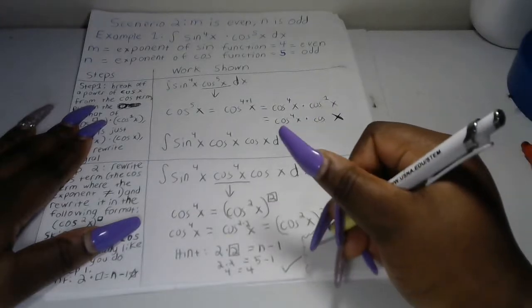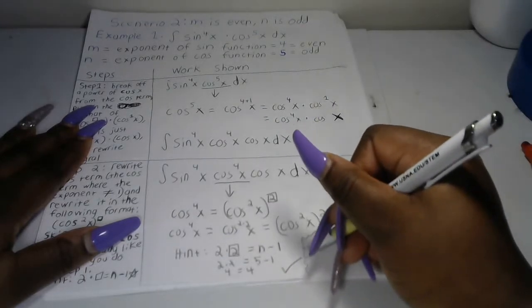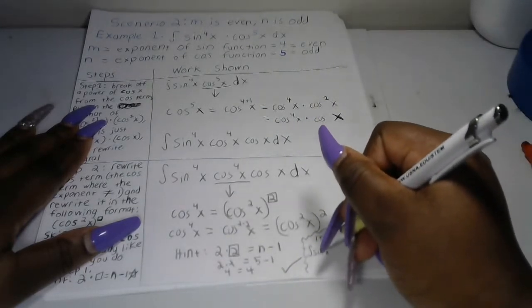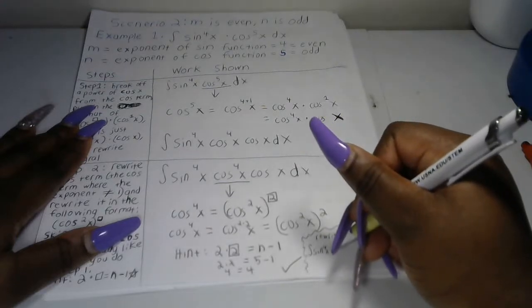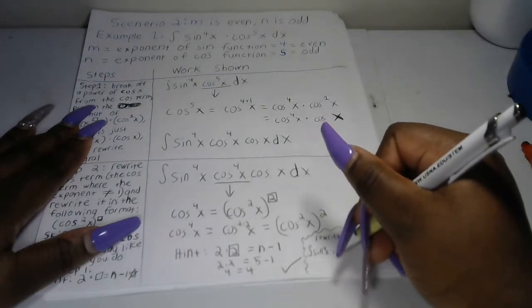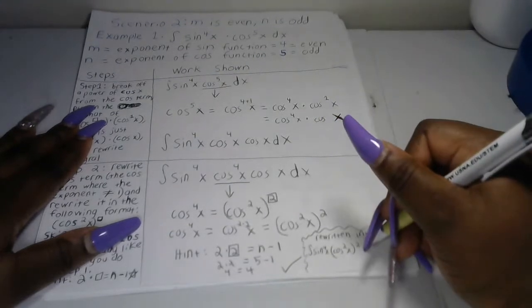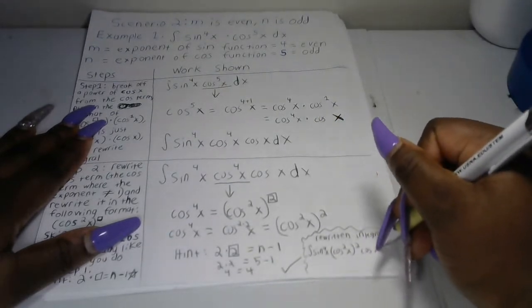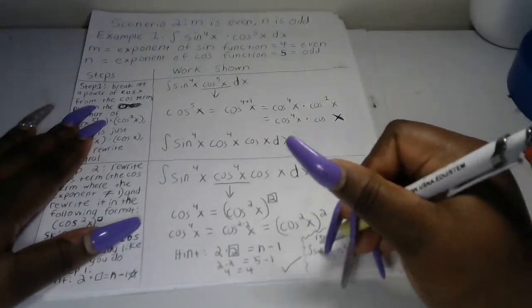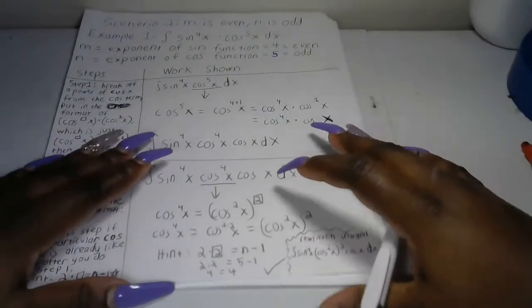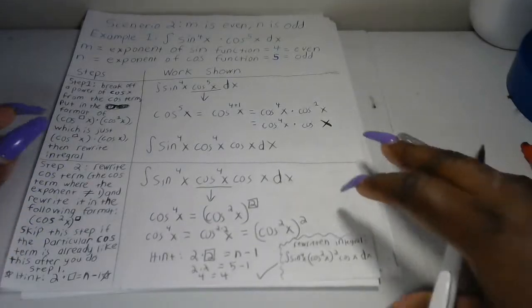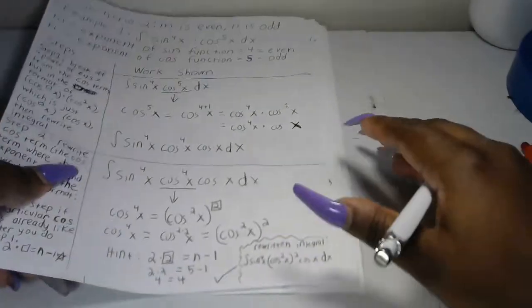Hopefully I have enough space. Okay, the integral of sine x to the 4th times cosine x squared, all of that to the power of 2, times cosine x dx. This is the rewritten integral. Sorry if you can't see it, let me bring that up a little closer.